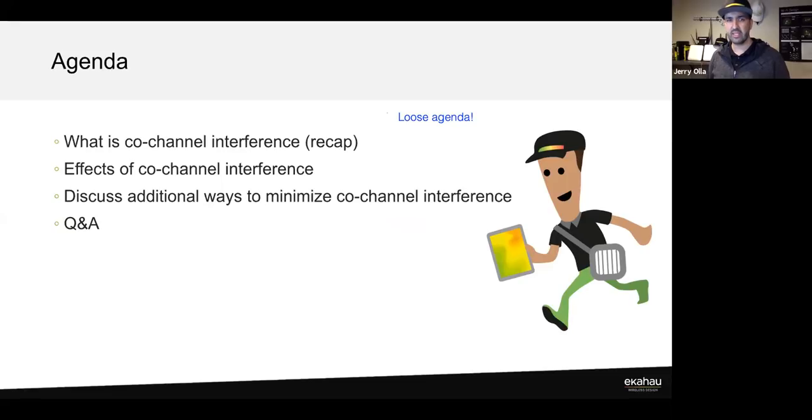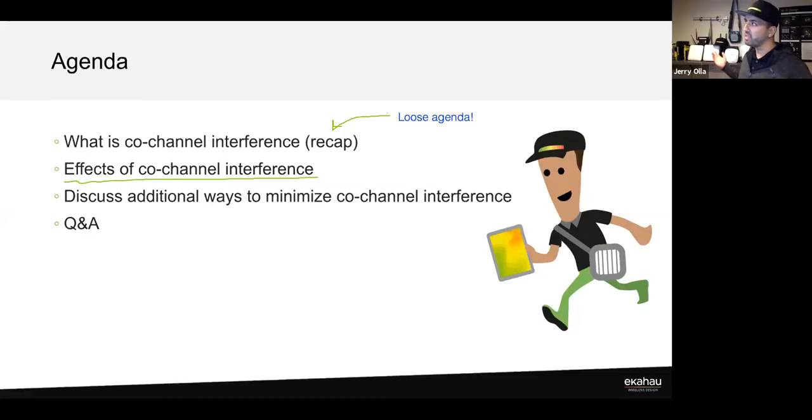The biggest thing to me is I don't feel like we walked away from that webinar landing what the actual effects of CoChannel interference are. When I say the effects, I mean how do we measure and quantify the impact of CoChannel interference? We often talk about it in an arbitrary way, that it increases airtime utilization and decreases throughput and performance. But how do we really measure and quantify that? We're going to hopefully address that in today's webinar.